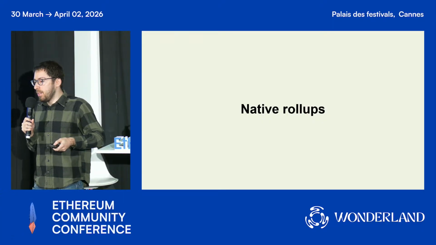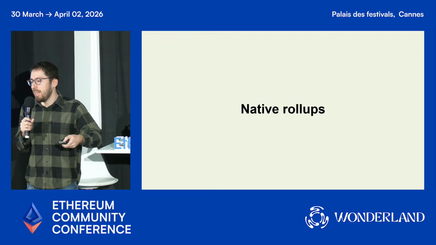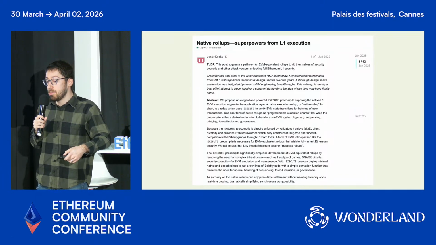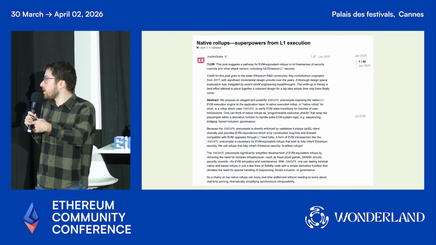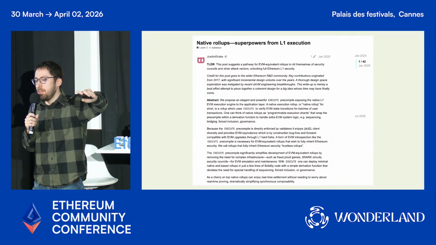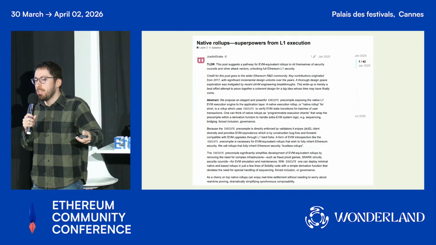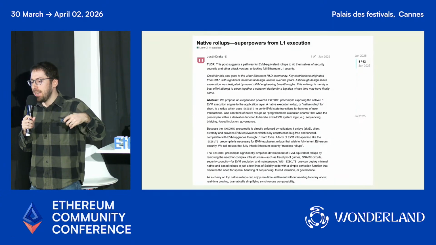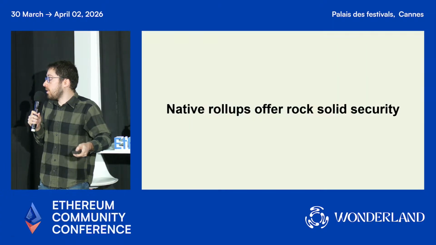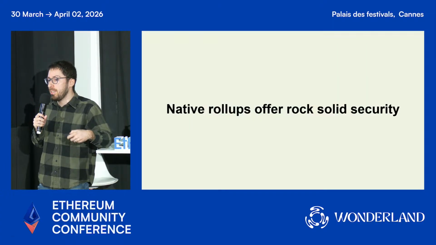The proposal led by the Ethereum Foundation right now is native rollups. So Justin Drake has this post where basically it talks about how you can get a totally 100% Ethereum-equivalent rollup with very little effort by using ZK and all this new tech. And as a result, you don't get strong customization, but you get rock solid security.